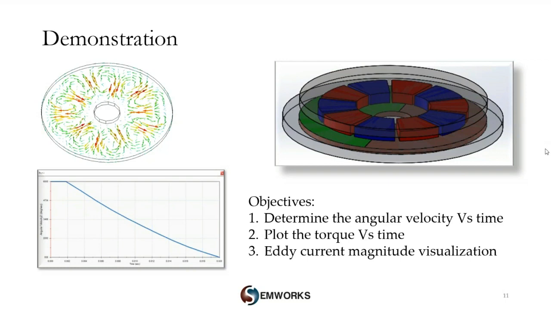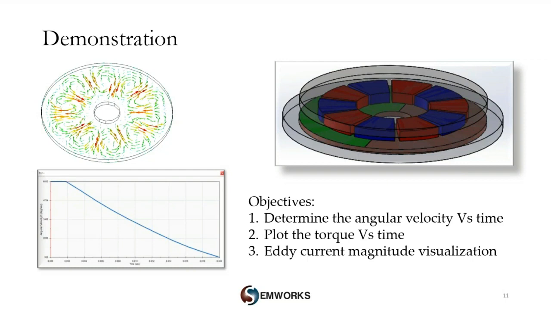So in this first example, our objectives are, first, to see how the angular velocity drops as a function of time. Basically we have a disk rotating at a particular speed, and when a set of magnets is brought into its vicinity, the disk decelerates, and the engineer is interested in computing how long it takes for the disk to stop or largely reduce its rotational velocity.